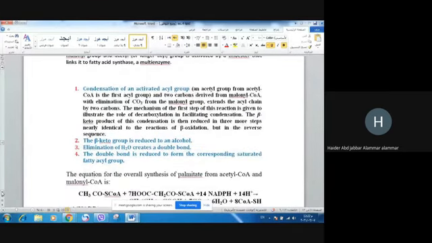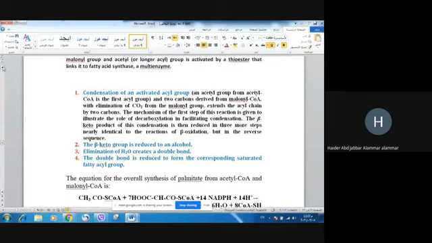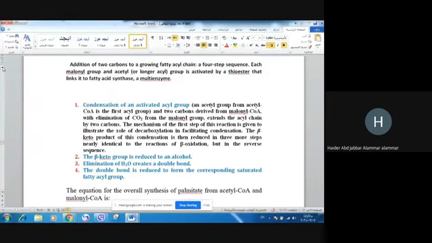This is the fourth step of fatty acid synthesis. Only this is requested from you because there are details you will see in the end of the lecture, details about each step. I want you to know only these four steps.